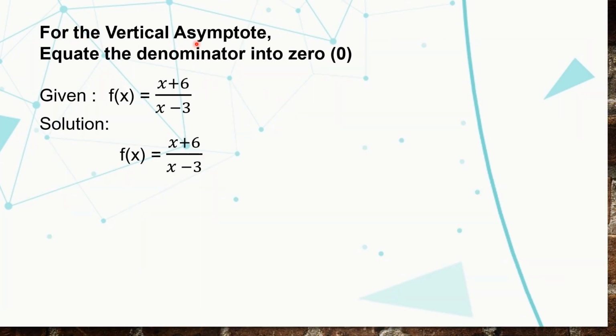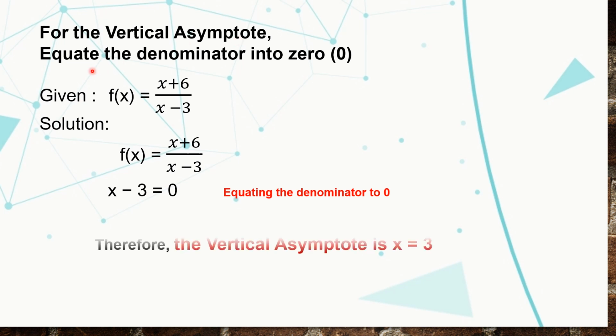To find for the vertical asymptote, just equate the denominator into 0. So from the given f of x equals x plus 6 over x minus 3, the denominator is x minus 3. So I just copied x minus 3 equate into 0, or x minus 3 is equal to 0.